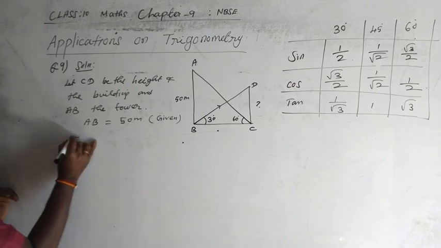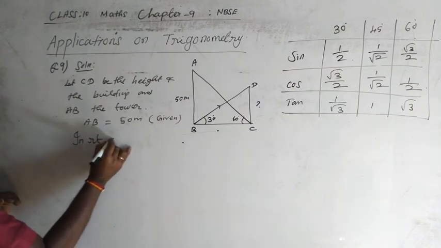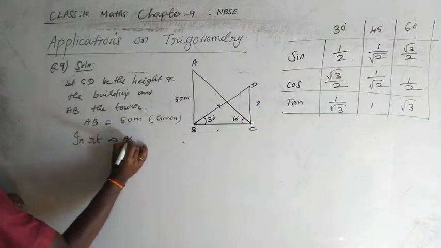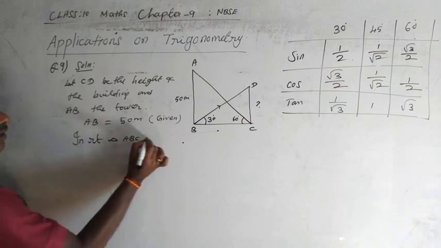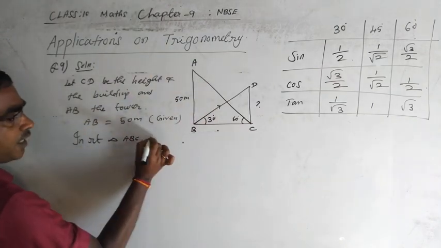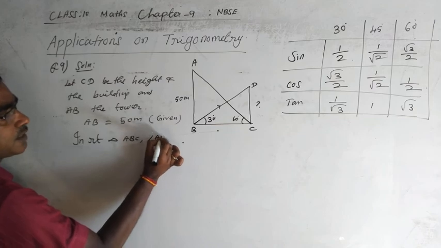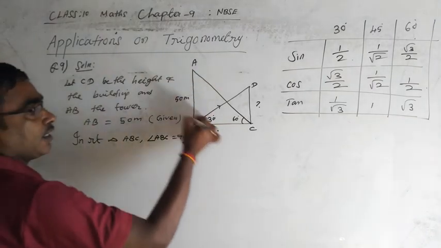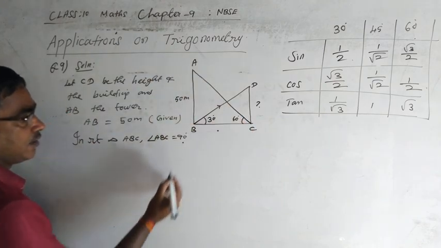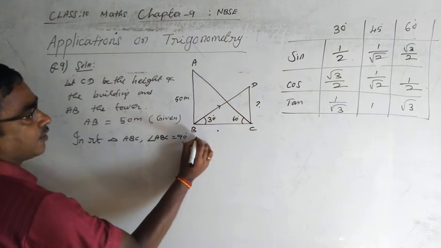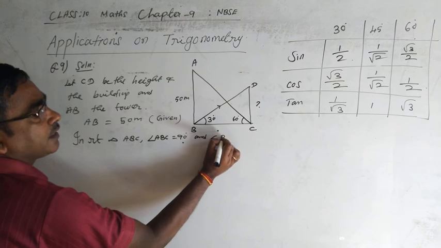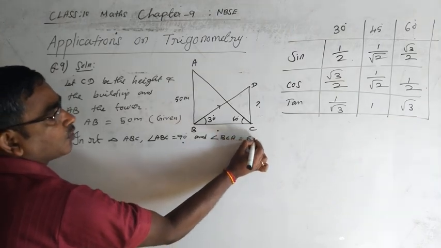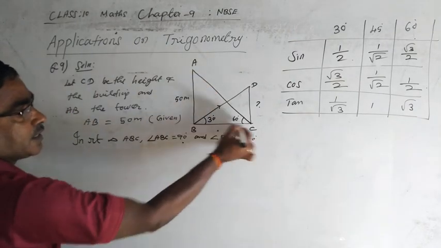Okay, in right triangle ABC, angle B is equal to 90 degrees, or angle ABC equal to 90 degrees. Angle BCA is 60 degrees.